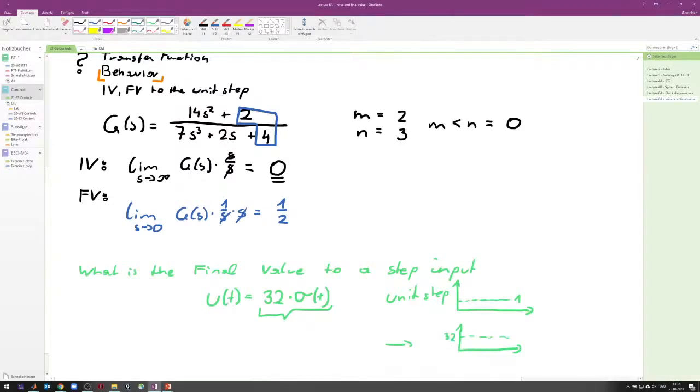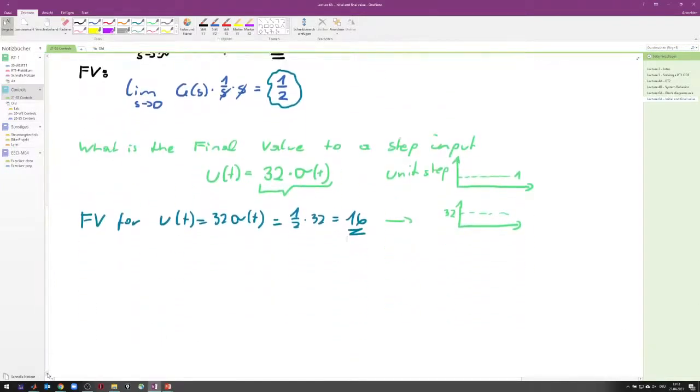So you don't need to do the computation because you already know how a unit step is transferred, and this guy just is 32 times higher. So your final value for your input u of t equal 32 times the unit step must be 1 over 2 times 32, which is equal 16, right? Yes, perfect.